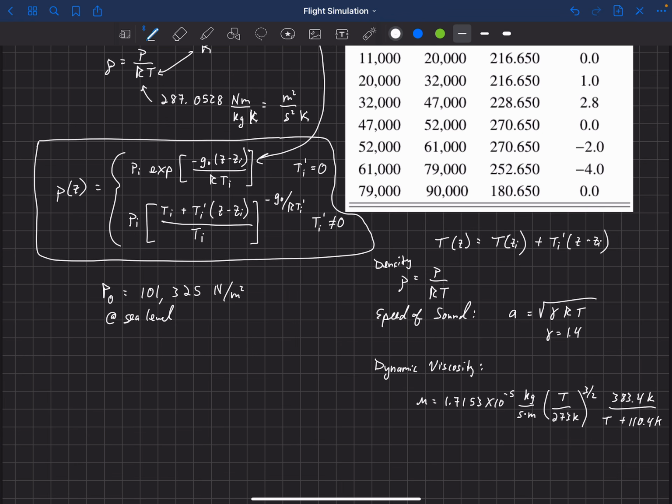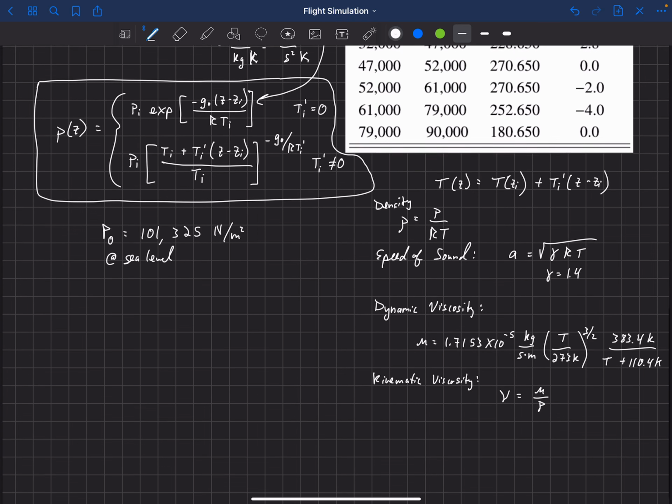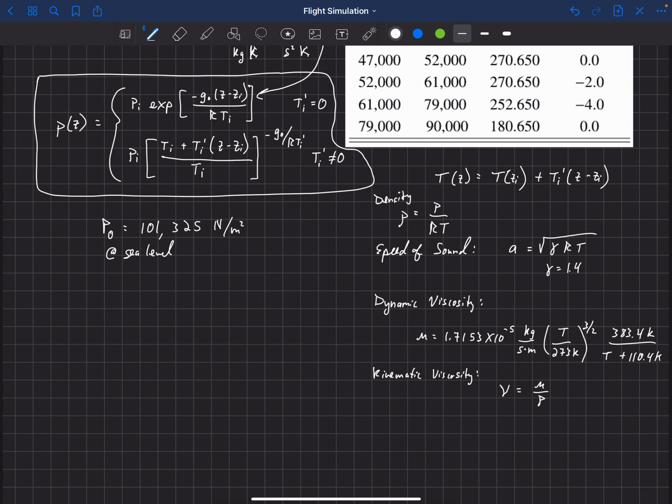And then from dynamic viscosity, we can actually get kinematic viscosity. And the definition of kinematic viscosity, nu, is just mu divided by rho. So it's the dynamic viscosity divided by the density. Okay, and then one final thing here that's kind of interesting to compute is what's called the molecular mean free path.